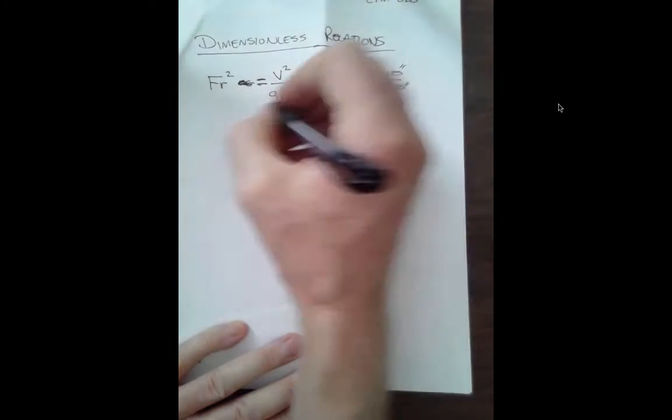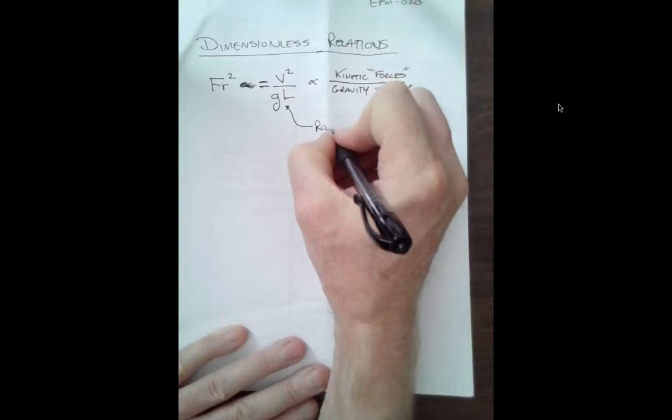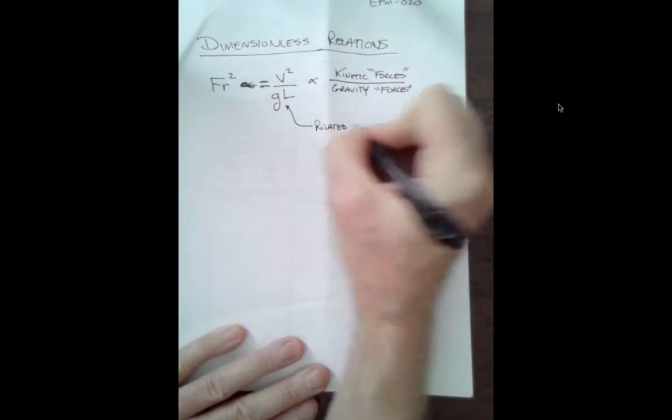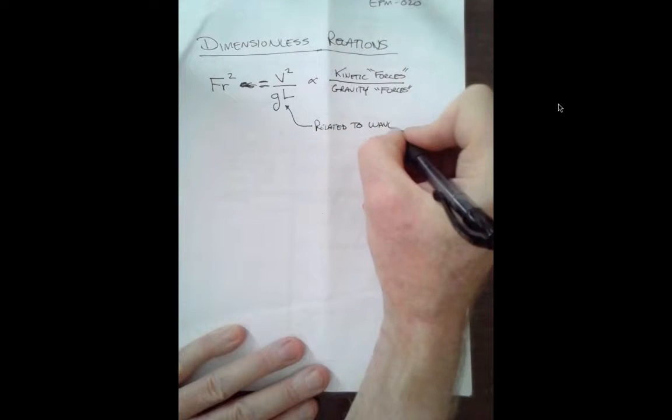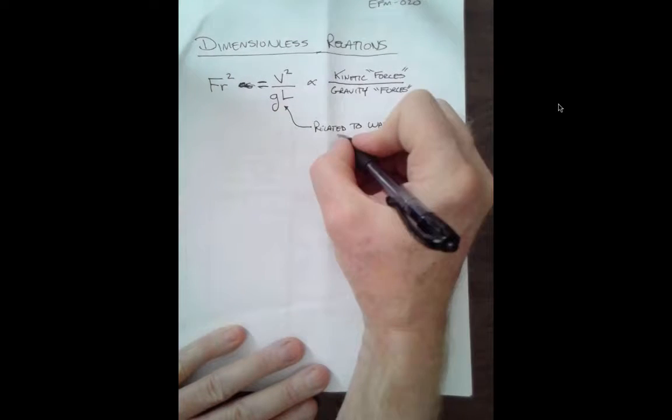That can be converted into a dynamic head converting to static head, and we can recover a force. This bottom term is related to the wave speed. And that wave speed is called the celerity.